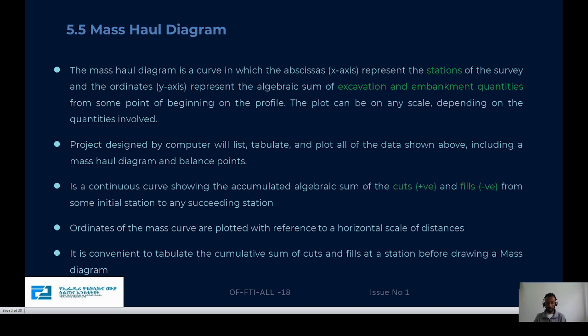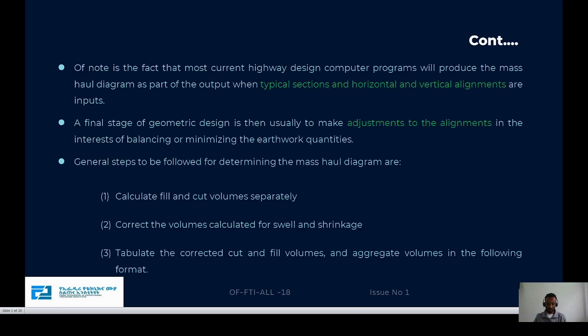A mass flow diagram is a continuous curve showing the cumulative algebraic sum of the cutting and filling. Mostly the cutting volume is positive and the filling volume is negative, from the initial up to the ending station. It is convenient to tabulate the cumulative cuts and fills at stations before drawing a mass flow diagram.